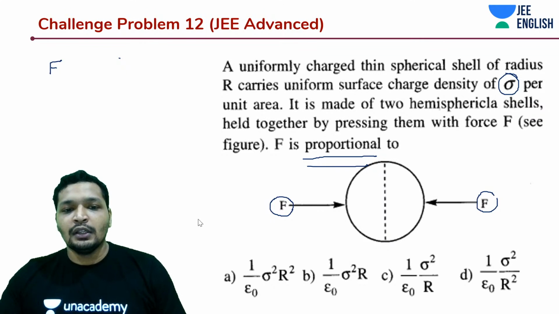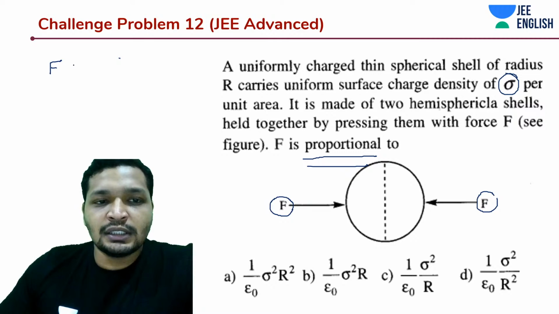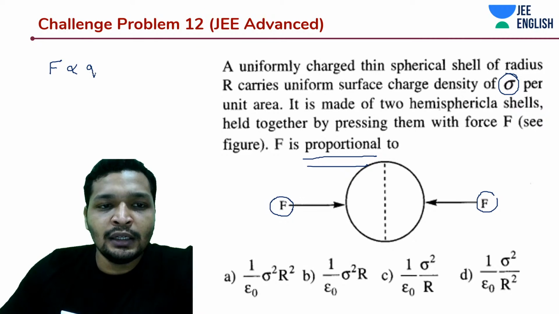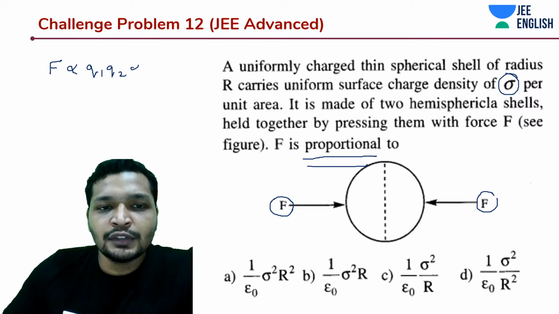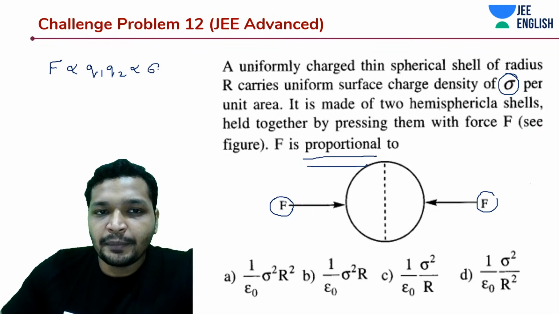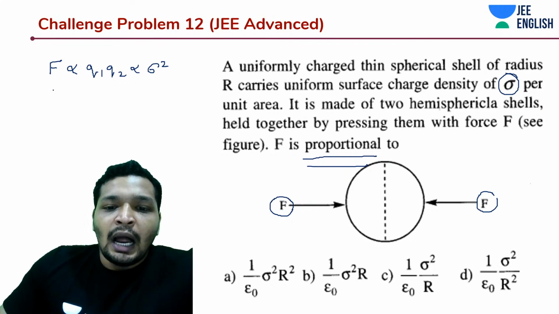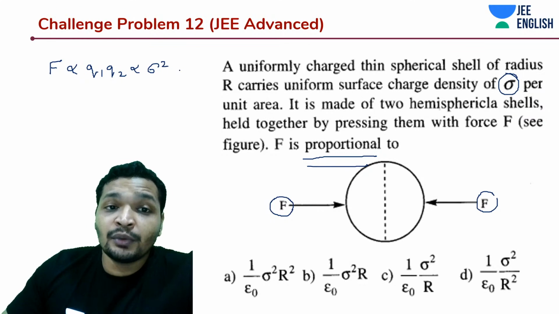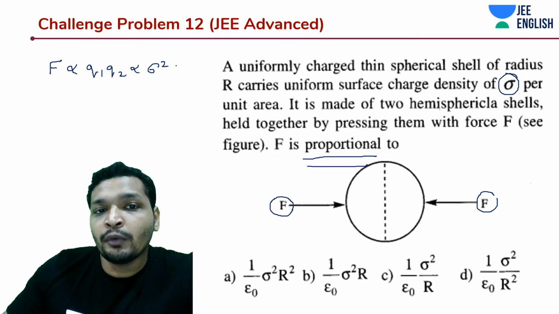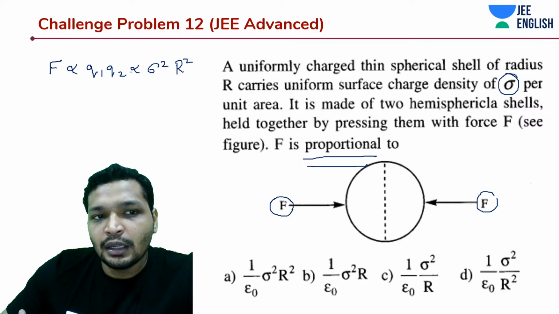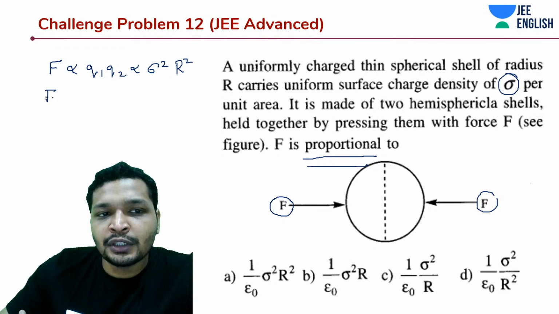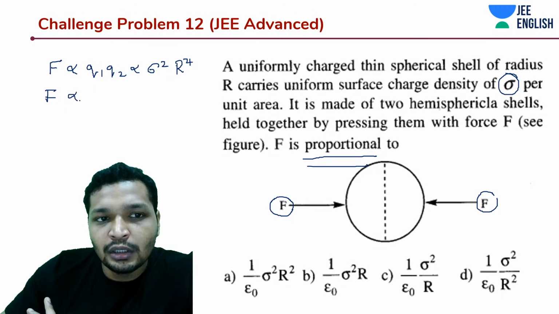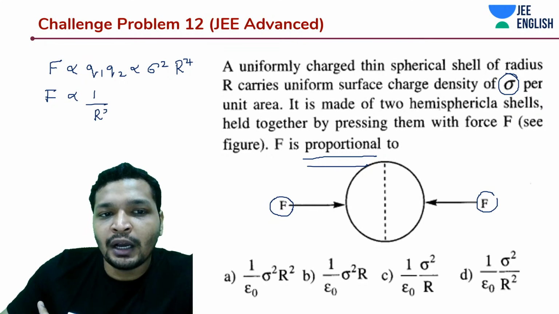So your force is proportional to the product of the charges, which is nothing but sigma square into 4 pi r whole square, something like r to the power 4, and your force is also proportional to 1 by r square.